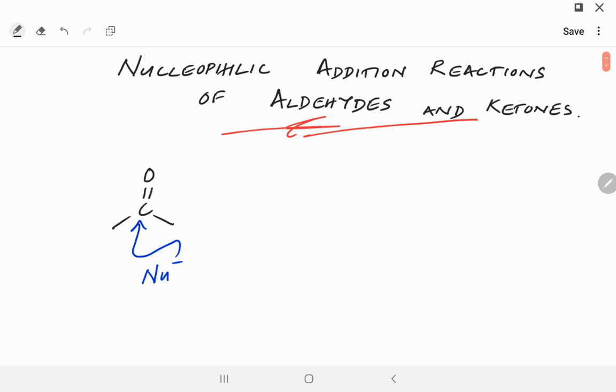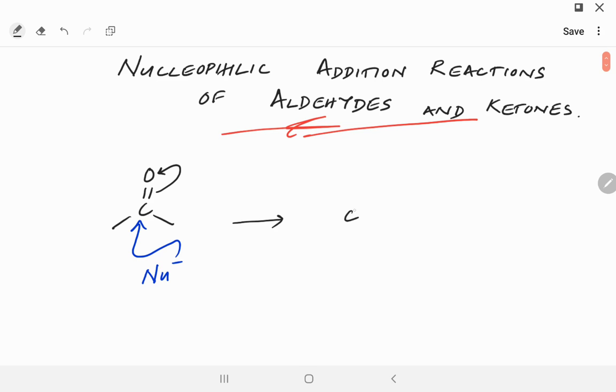Once the nucleophile attacks the electrophilic carbon, of course it is going to have 5 bonds, so you have to break a bond. Basically one of the carbon-oxygen double bonds will break onto oxygen, and it will make a tetrahedral alkoxide ion intermediate.